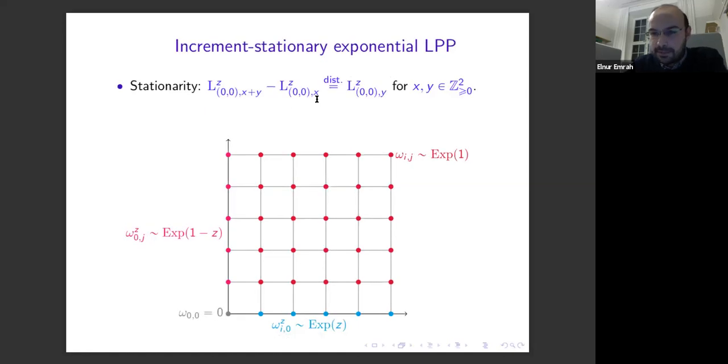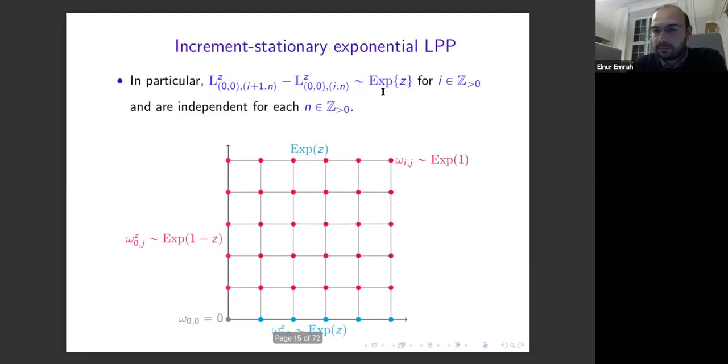What do I mean by this? More precisely, if you look at the last passage times from the origin to x plus y, and from the origin to x, then the difference of these has the same distribution as the last passage time from the origin to y.